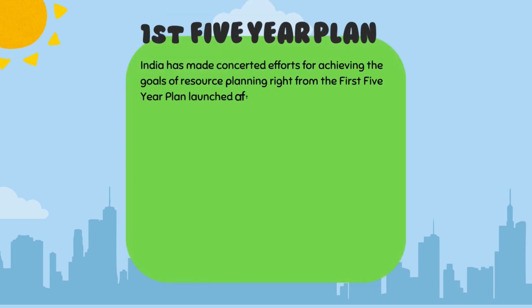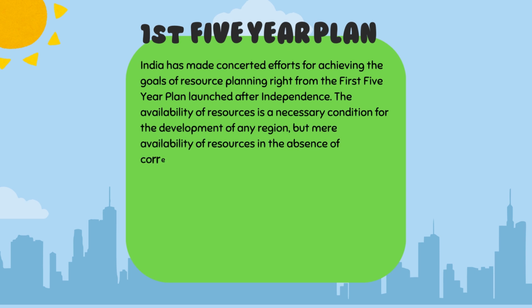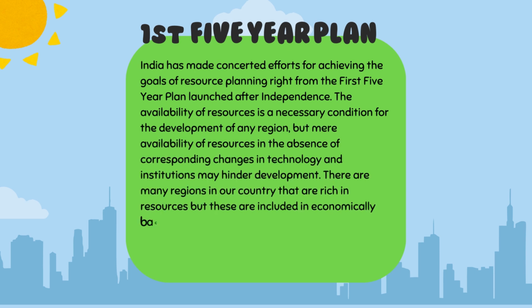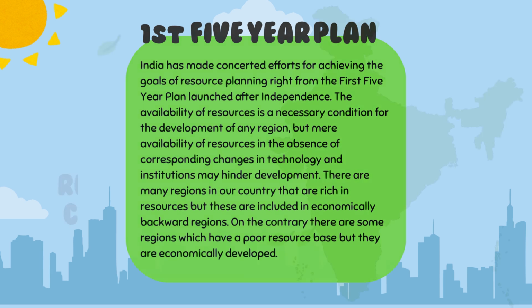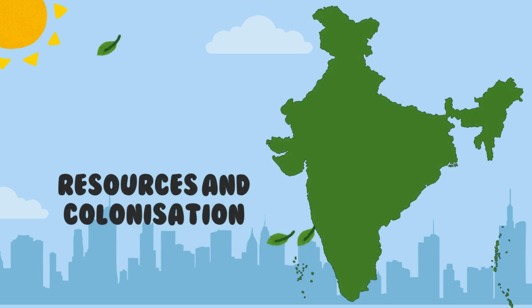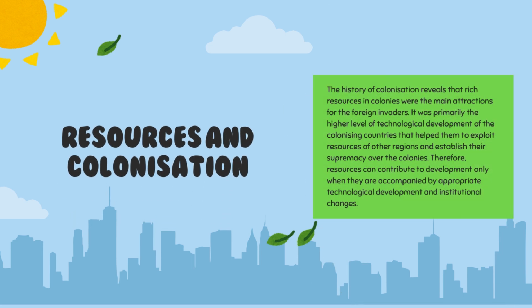These same steps were used to carry out the policy of resource planning from the very first 5-year plan right after independence. Yes, independence. From independence, I can think about colonization. Let us look at how resources and colonization are intertwined. Most countries attract foreign invaders because of rich natural resources, and these are the main reasons why colonies are even set up in different nations.